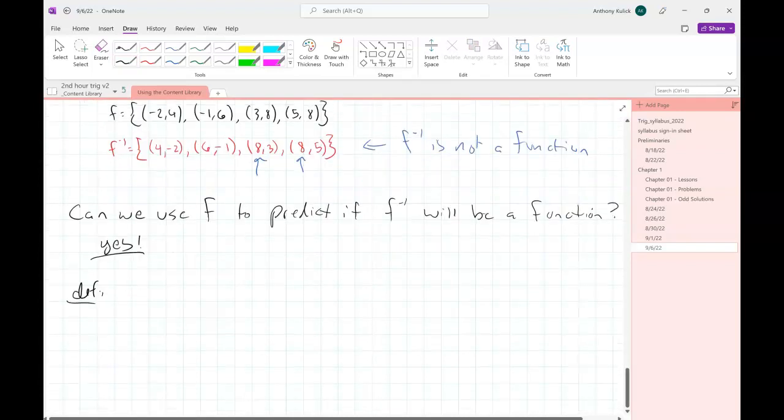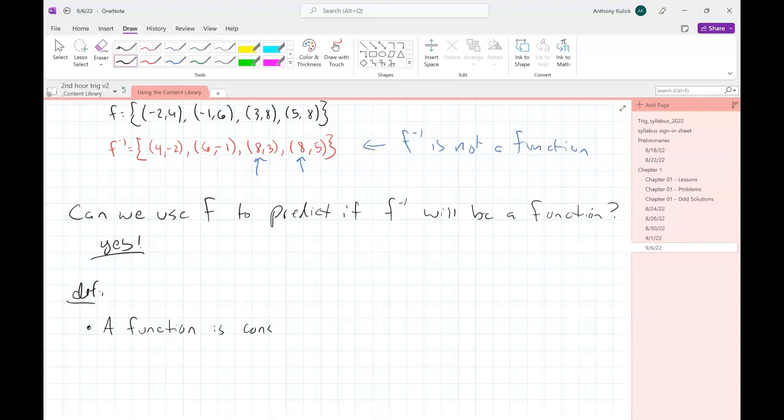We're going to have three definitions here. A function is considered onto if every element in the range can be mapped to by some element in the domain.